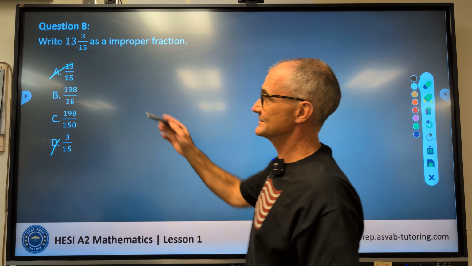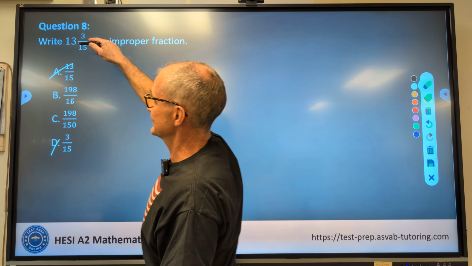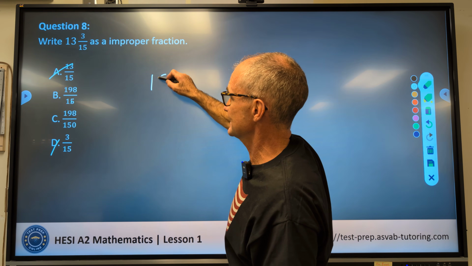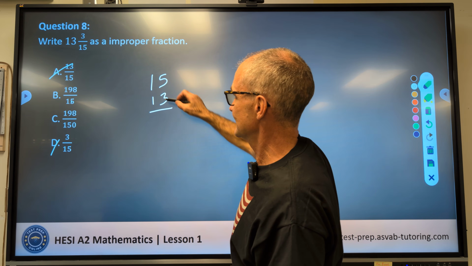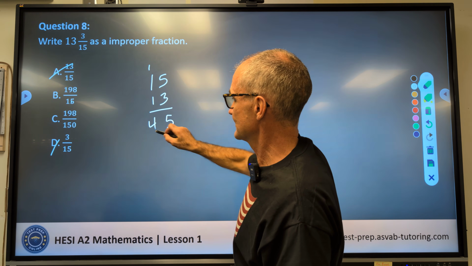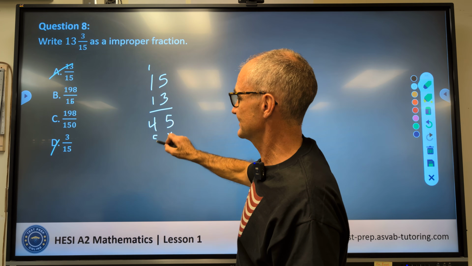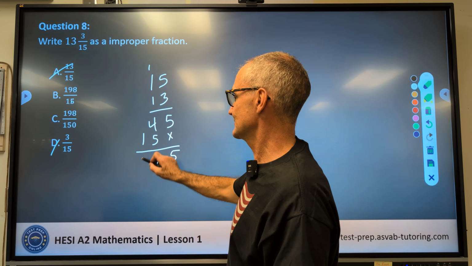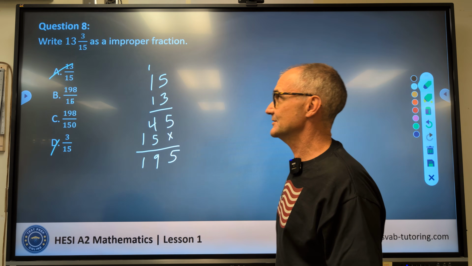as well, just so you learn this skill. You're going to take the whole number and multiply it by the denominator. So I'm going to take 13 times 15: 3 times 5 is 15, carry the 1, 3, 4. Placeholder, 5, 1. Add them together to get 195.